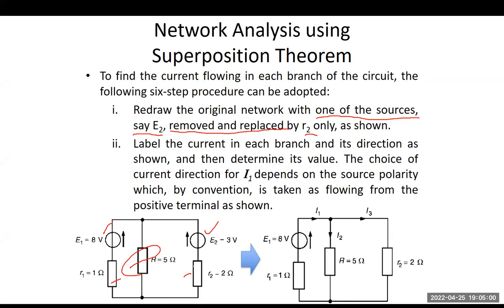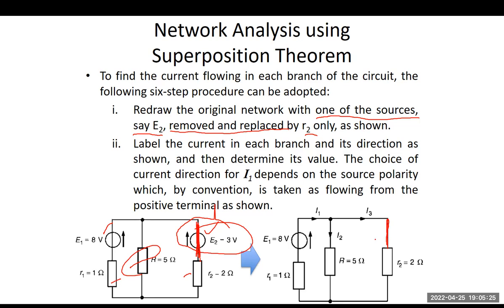Now we're going to remove one of the sources. For this discussion, we're going to remove E sub 2. If we remove E sub 2, that will only be just a straight line, or a single conductor. This will now be the equivalent circuit.